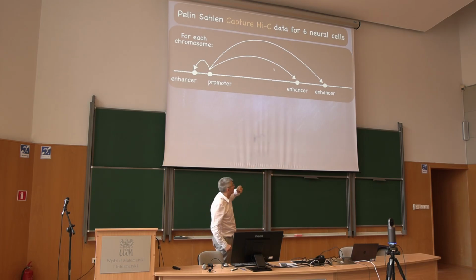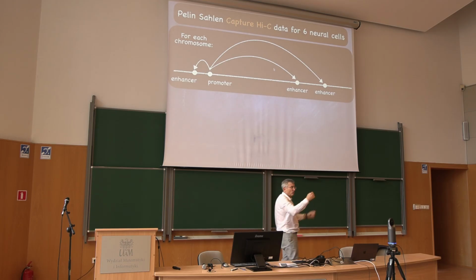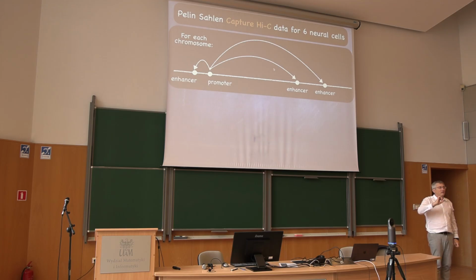They are not related to a gene. But each promoter interacts with several enhancers, and these enhancers are related to a single promoter. These promoters are like switches, and they can tell whether that gene should be expressed or not by interacting with that promoter.